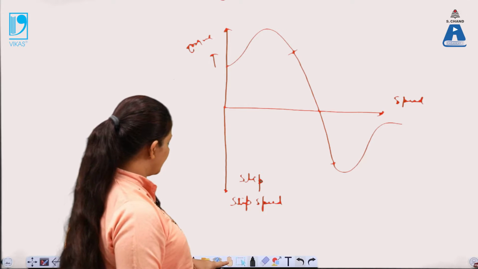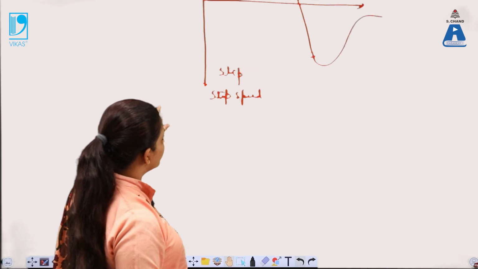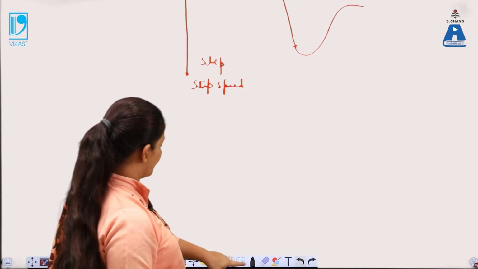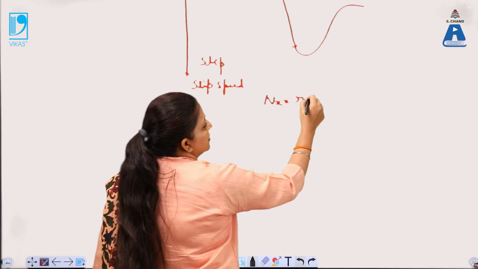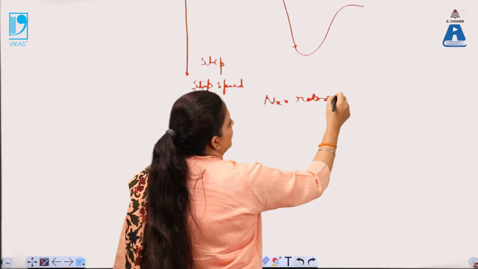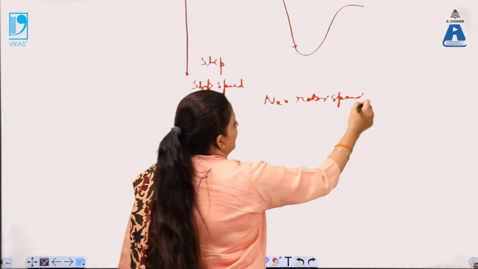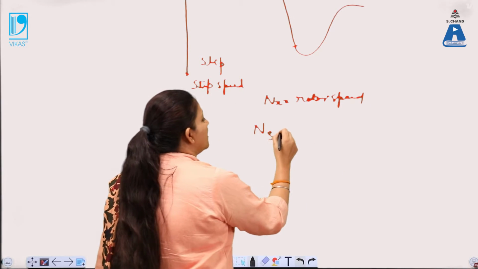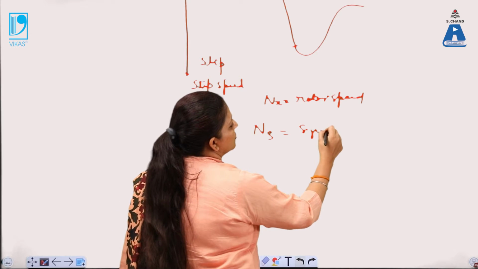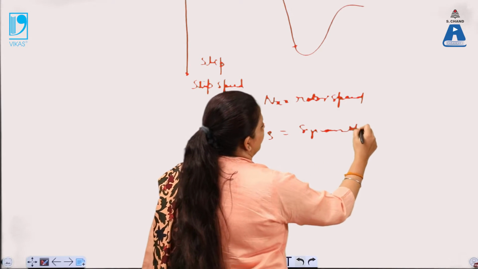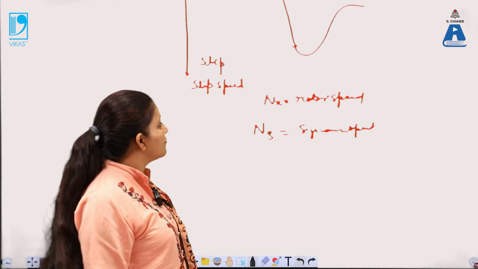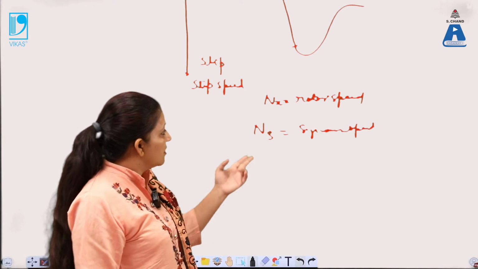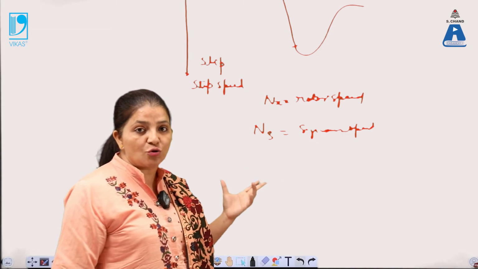So before defining that, firstly consider NR, this is the rotor speed, and NS, that is already defined, that is the synchronous speed. NR is the rotor speed because in case of a motor there are two parts, one is the stator, the second one is the rotor.